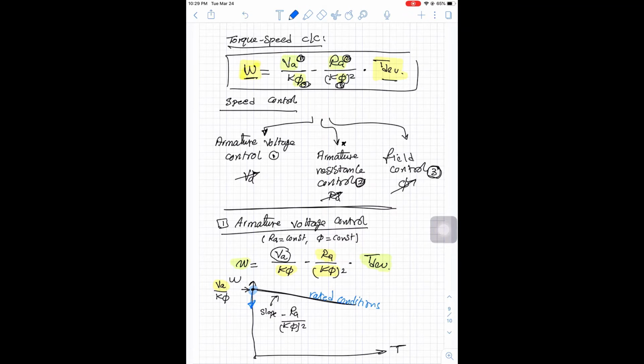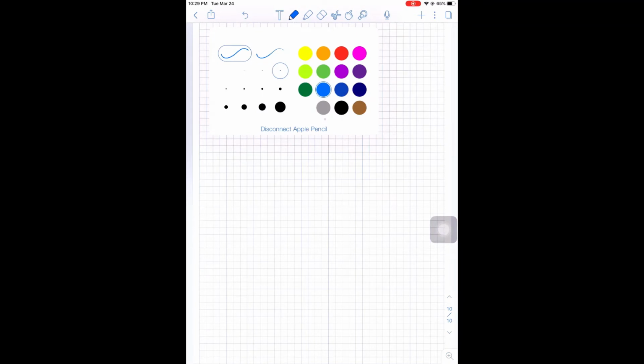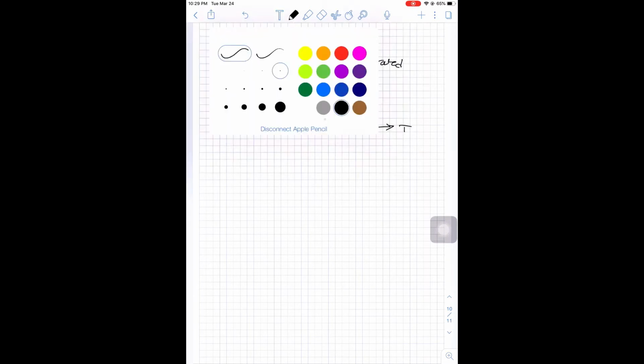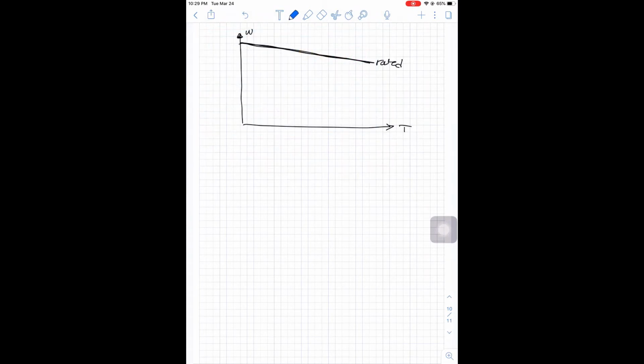Now let's see how this works. Here is our torque speed characteristic, omega versus T. Here is our rated condition, which I will sketch in black. Now when we change our armature voltage, the starting point of the curve will change, so we can move down.